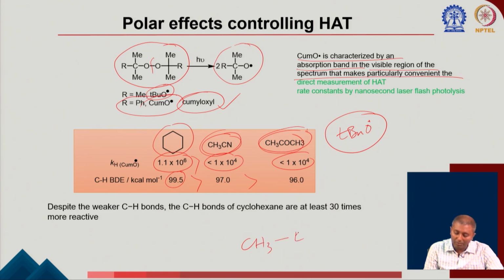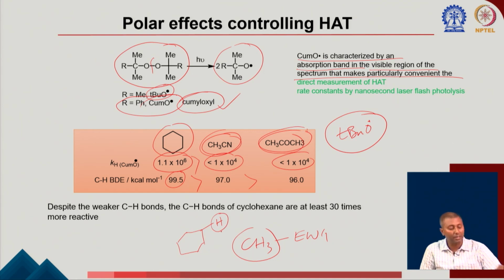As you have an electron withdrawing group, this hydrogen will not be as nucleophilic a hydrogen donor compared to the CH bond in cyclohexane. So that is why cyclohexane is going to get cleaved first compared to CH3CN versus acetone.